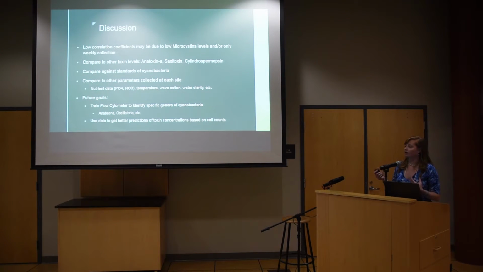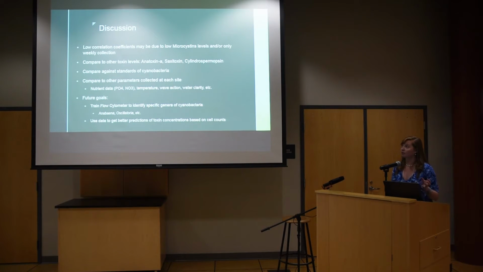And then I also need to look at the comparison between the other toxins that we analyze, which are anatoxin, saxitoxin, and cylindrospermopsin, because microcystis can release multiple different toxins. But my other issue is that the flow cytometer right now, as I'm running it, cannot differentiate between cyanobacteria. So I did a couple trial runs before the summer started.